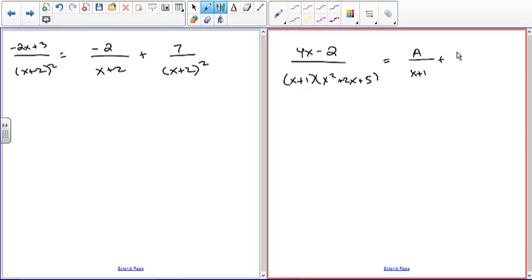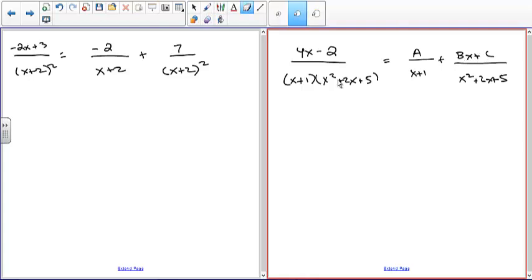So if I were to do this one, we'll do it in calculus, but we're not going to do it right now. Just want to introduce you to the whole idea. You would take the entire quadratic that has no real zeros and make that the denominator, and then have bx plus c as the numerator.